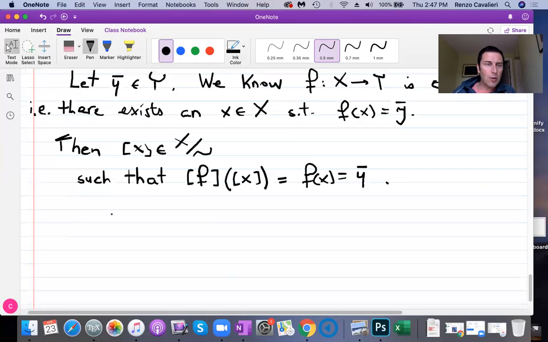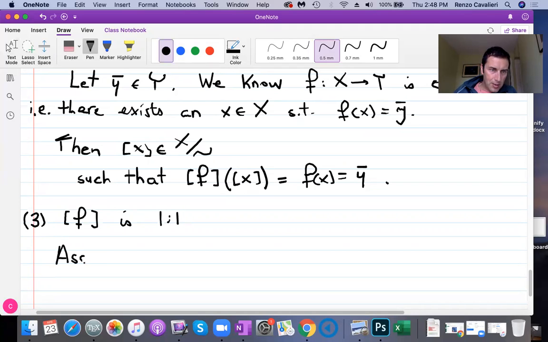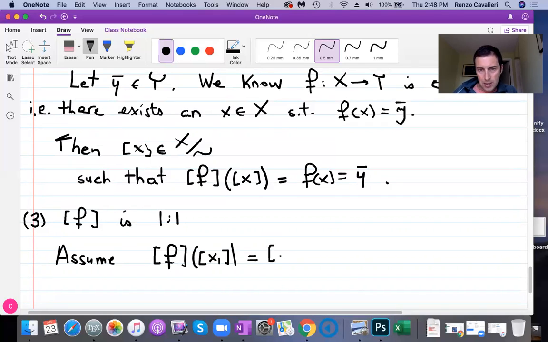Lastly, we need to show that square bracket f is 1-to-1. So we assume that square bracket f of square bracket x1 is equal to square bracket f of square bracket of x2.